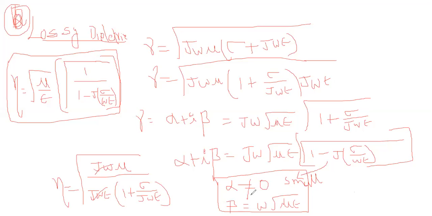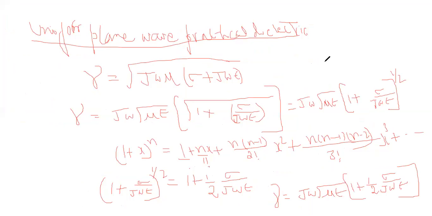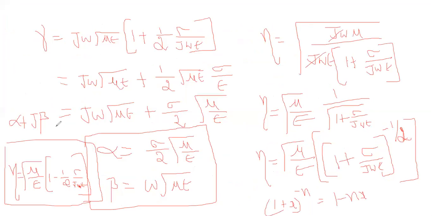Coming to the practical case, these are the ideal conditions only. For practical conditions we can use the binomial expression (1 plus x) whole power n or (1 plus x) whole power minus n. Minus n means alternately you will get the minus, and plus n means all the terms are plus, with the factorial increasing. So in this case alpha is equal to sigma by 2, beta is equal to omega under root of mu epsilon, and eta is equal to square root of mu by epsilon into 1 minus 1 by 2 sigma by j omega epsilon.